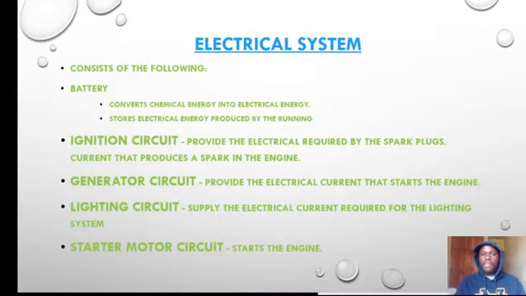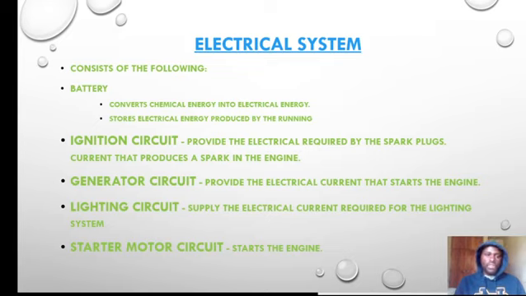We know the battery plays a very important role in converting chemical energy into electrical energy. Remember, the battery has an electrolyte, and an electrolyte is a chemical that is converted to produce electrical energy.